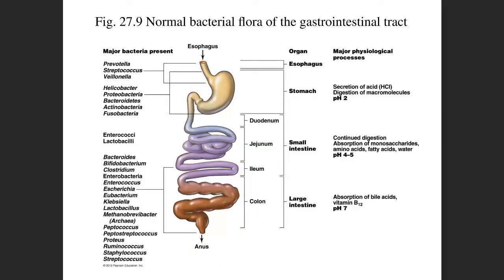And then go down the digestive tract, and this is a rough sectioning of the digestive tract. And so you have the stomach, small intestinal tube, and the large intestinal tube.